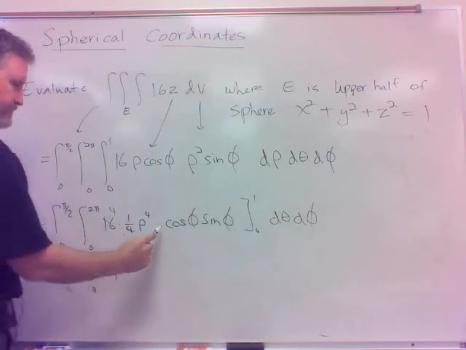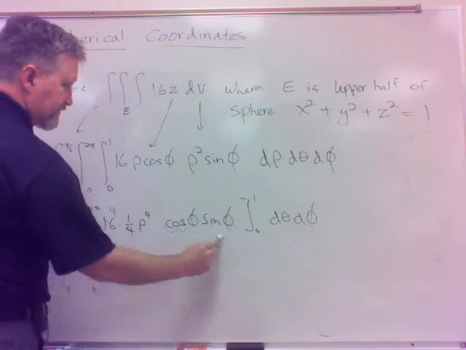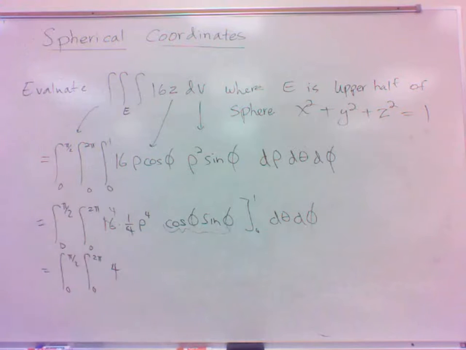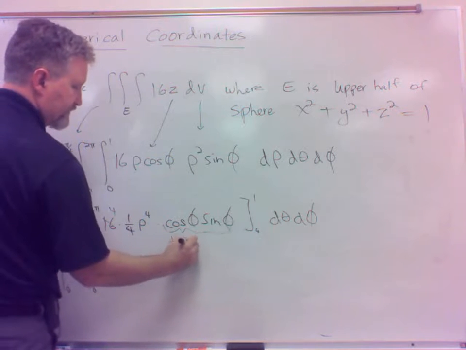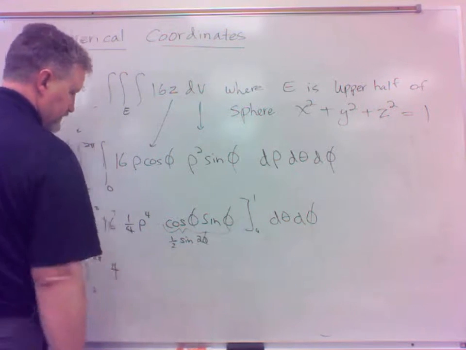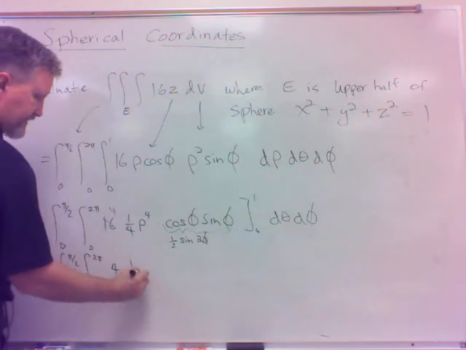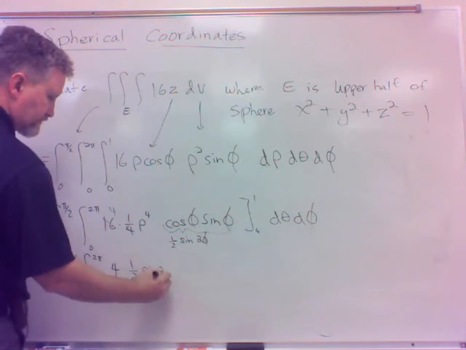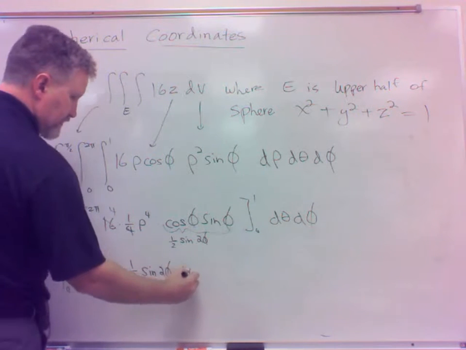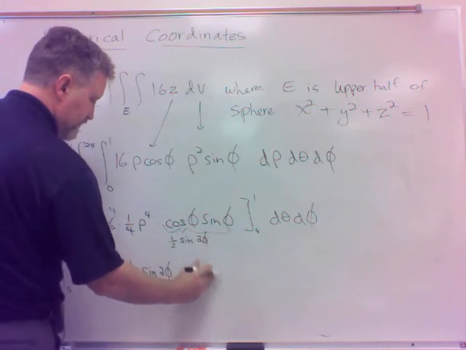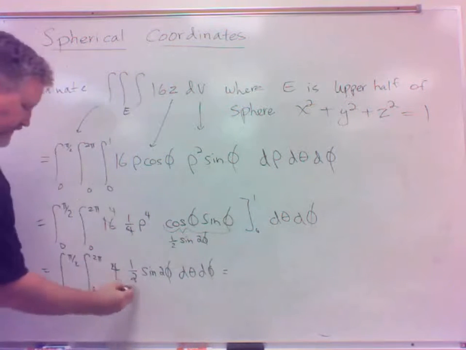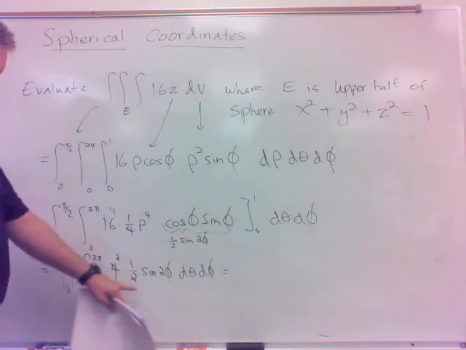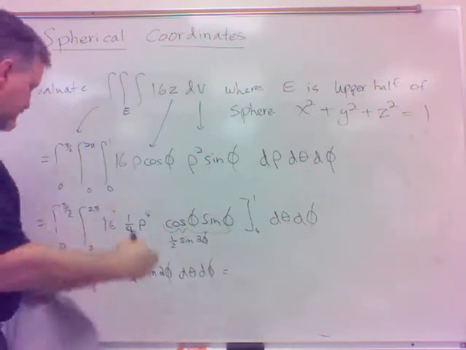Now, cosine phi sine phi, we've done that a couple of times. Just make that one half sine of 2 phi, which helps us out with the 4 there, and we're left with 2 there. You might notice here we don't have any thetas, so we could just separate that out, couldn't we?